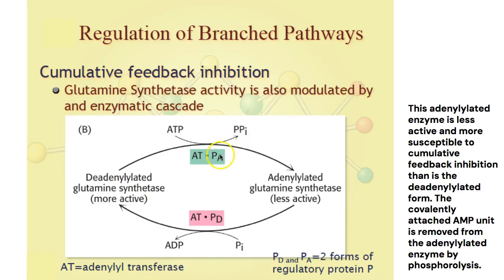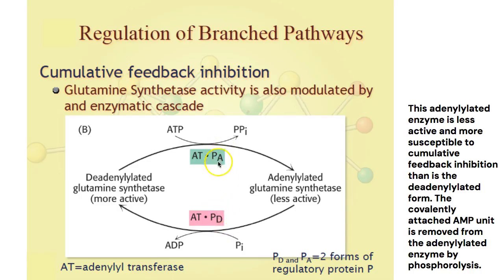Now you have this regulatory protein that's called PA. It means that protein is activated to make that enzyme less active. And so that's why it has a PA and a PD.